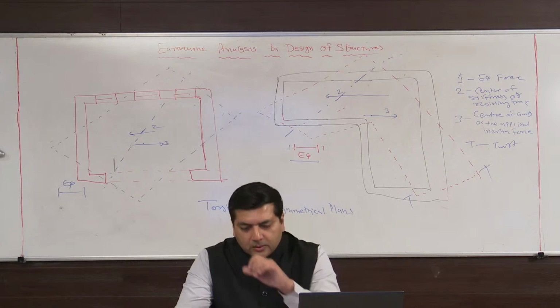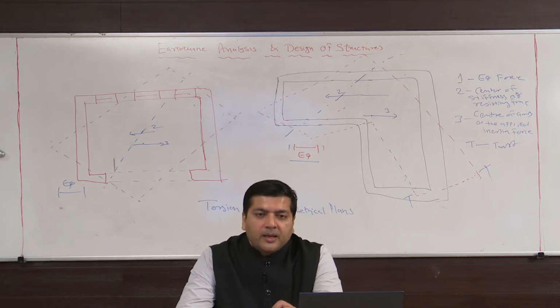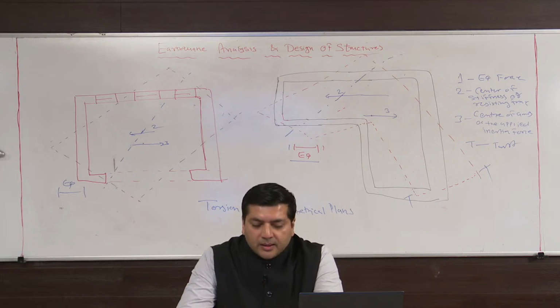Yes, sir. Okay. So you have to just write about these figures only, to understand what is center of mass, how it acts, center of stiffness, and how torsion came. So you just write down irregularities.